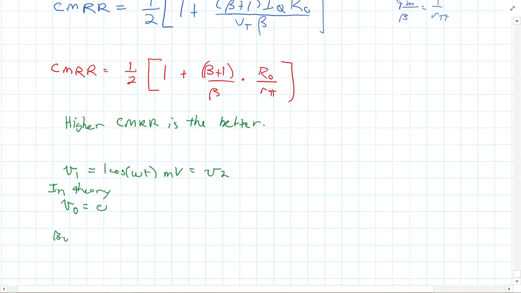But it won't be, because of ACM for small signal. It won't be 0 because of ACM for small signal. And so we want it to be 0. So the higher this common mode rejection ratio is, that means the closer this V out would be to 0, given that these V1 and V2 were the same.